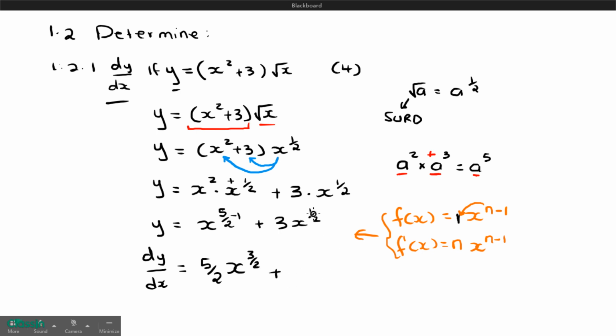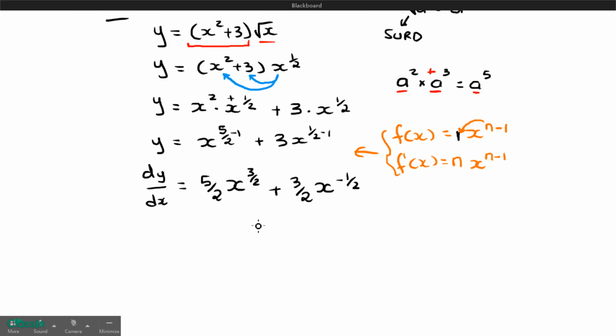Plus 1 over 2 multiplied by 3. The answer is 3 over 2. Then our variable is x. 1 over 2 minus 1. The answer is negative 1 over 2.